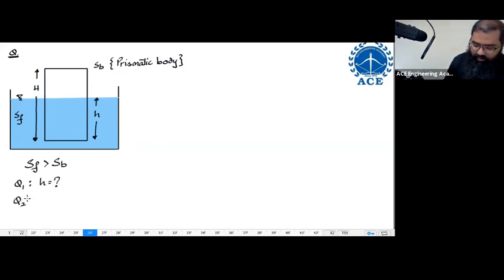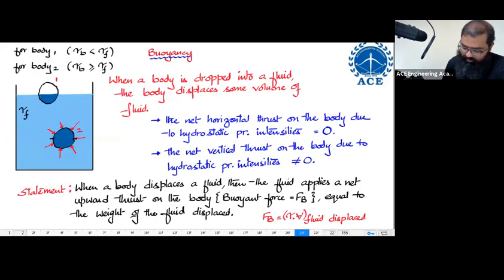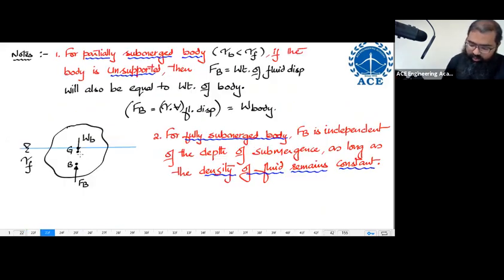Question number 2: later on, in the second part of the buoyancy chapter, a concept known as metacenter will be important. Metacentric height will be important, wherein a length known as BG length will be important. BG length means the distance from center of buoyancy to center of gravity. Look over here, what is the BG distance?